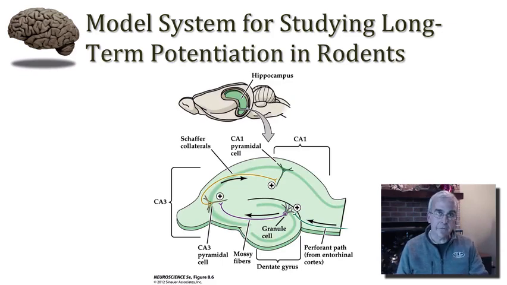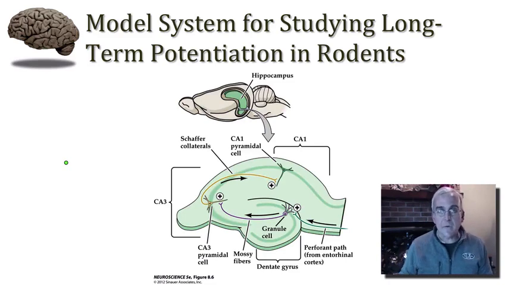And that model system is the slice through the hippocampus from a rodent used as an animal model. So these experiments can be done because when an animal is humanely sacrificed and its brain rapidly removed, tissue slices can be obtained from that brain, and those slices can actually be kept alive for some period of time, perhaps as long as a day.